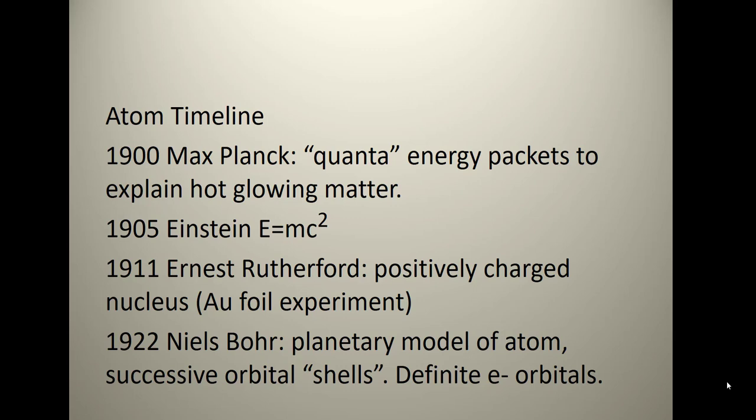Your nucleus is in the center with your protons and neutrons, and the electrons are going around the nucleus in a definite orbit. Niels Bohr said that every electron has an orbit that it's assigned to, and these are energy levels or shells, and you will only find those electrons in a certain energy level or shell.